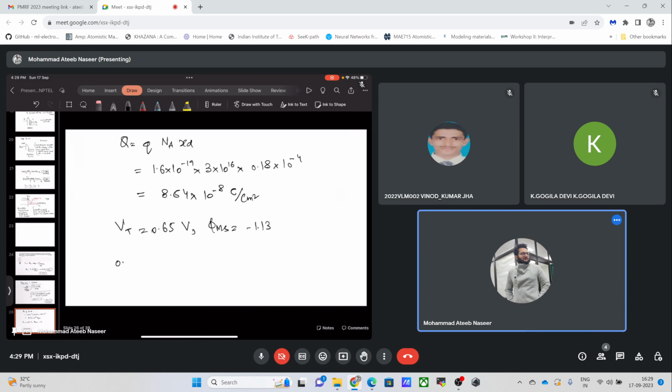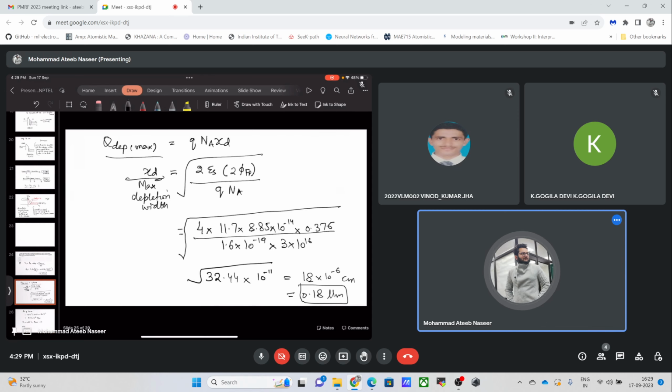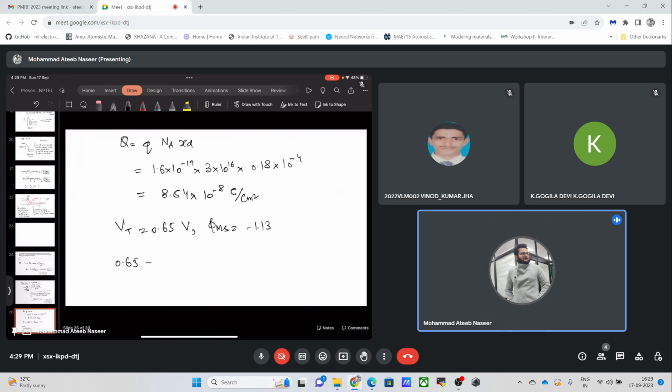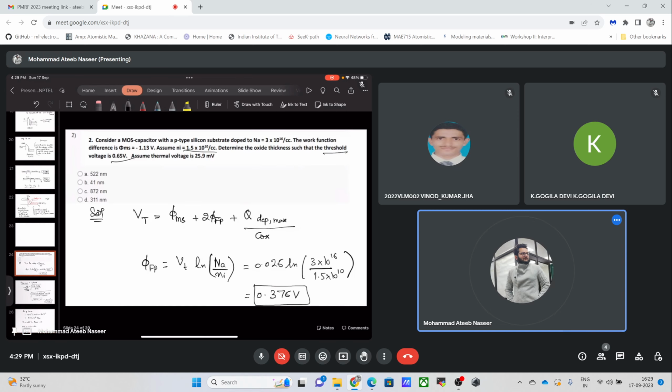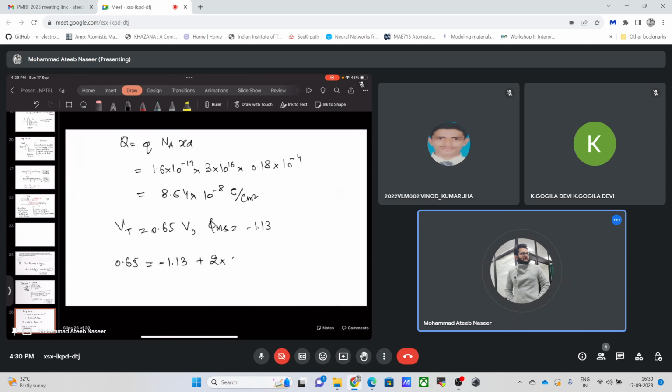So Vt, which is 0.65, is equal to minus 1.13 plus 2 times phi fp, phi fp is 0.376, plus q Nd Xd by Cox, where q Nd Xd is 8.64 into 10 raised to the power minus 8 coulomb per centimeter square. Cox is simply epsilon ox by Tox.